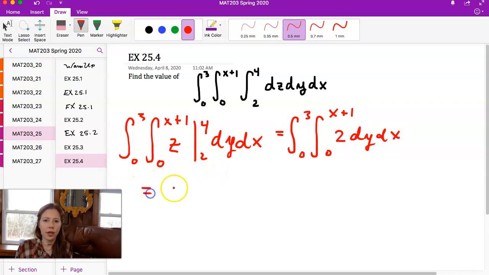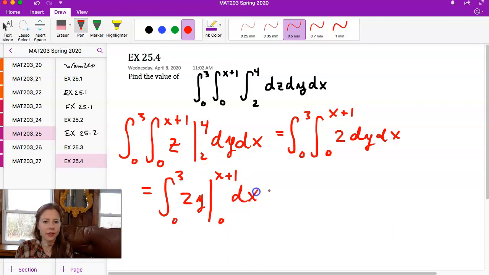And so now we have to keep the outer integral 0 to 3 in terms of our bounds for x. And then we get 2y going from 0 to x plus 1 dx, which is going to be the integral from 0 to 3. And we have 2 times x plus 1 minus 0 dx.